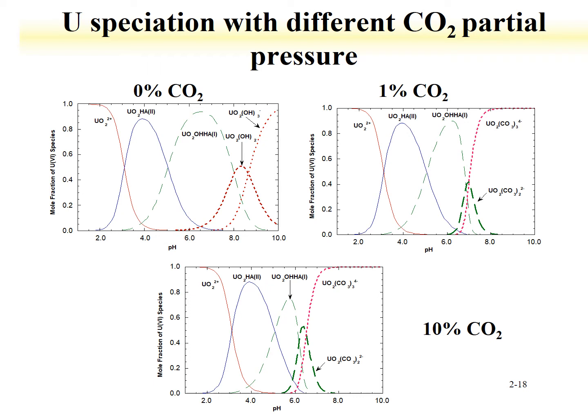And what we see is that as the CO2 partial pressure goes up, the carbonate becomes more dominant at earlier pHs, and the overall concentration of other species are impacted. For instance, this mixed uranium hydroxy humic acid species seems to be impacted by the level of carbonate because it's competing for carbonate speciation around the same pH.